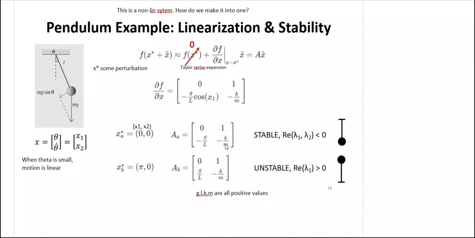And the negative k over m, there's no x1 and x2 term, so it's over here, same thing. But when cosine is equal to pi, it's negative 1, so the negative sign goes away, and it's unstable because the eigenvalue is greater than 0 apparently. And all these terms are positive values, so there's that.